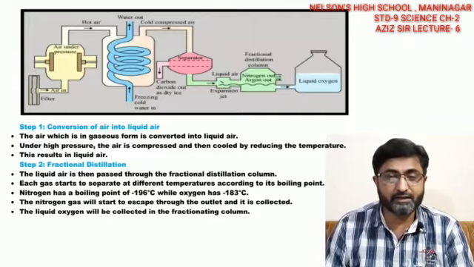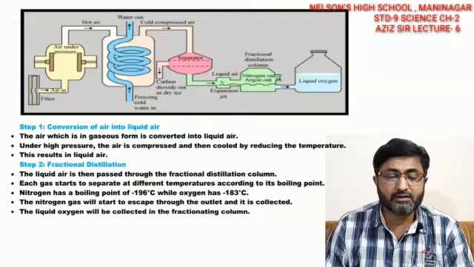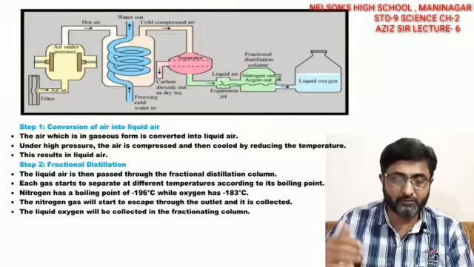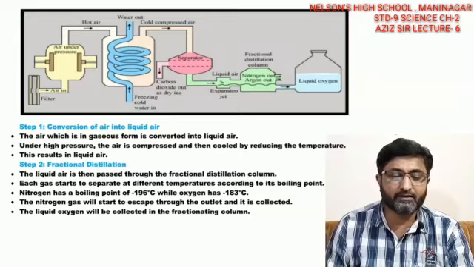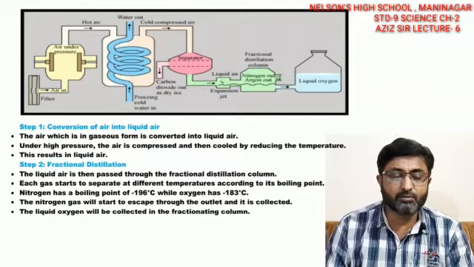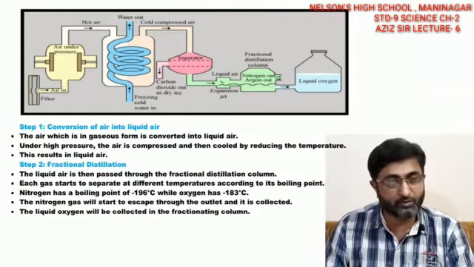The temperature is slightly lower than that, around minus 185 or thereabouts. So only oxygen is getting liquefied, because minus 183 is its boiling point, and below the boiling point you get the liquid form.